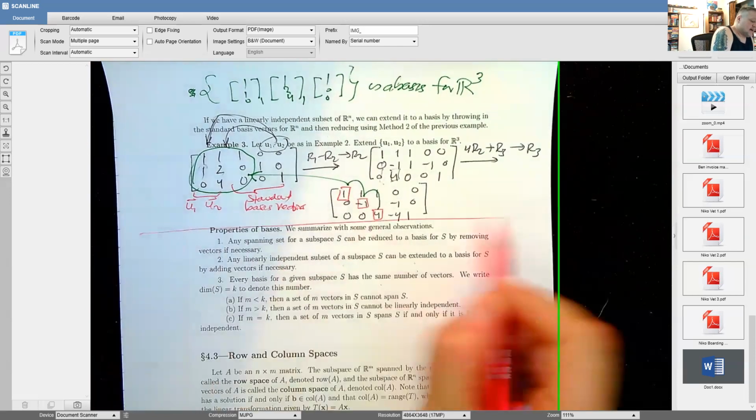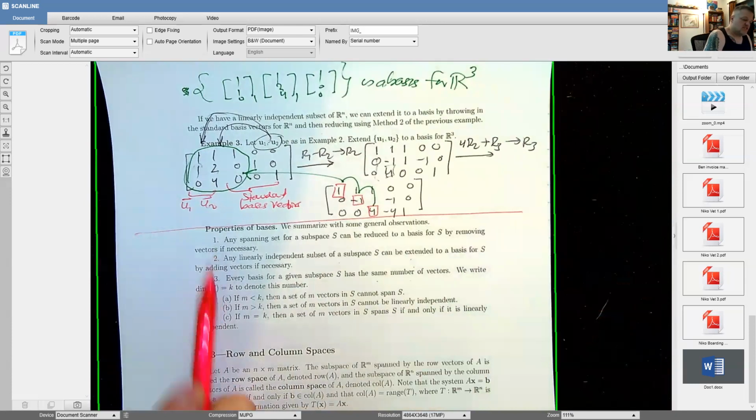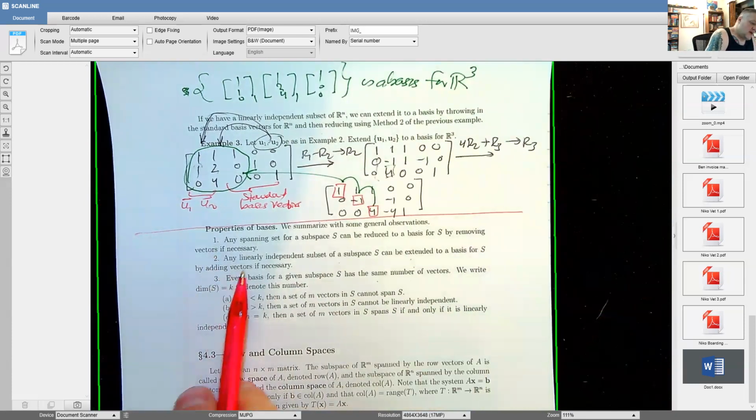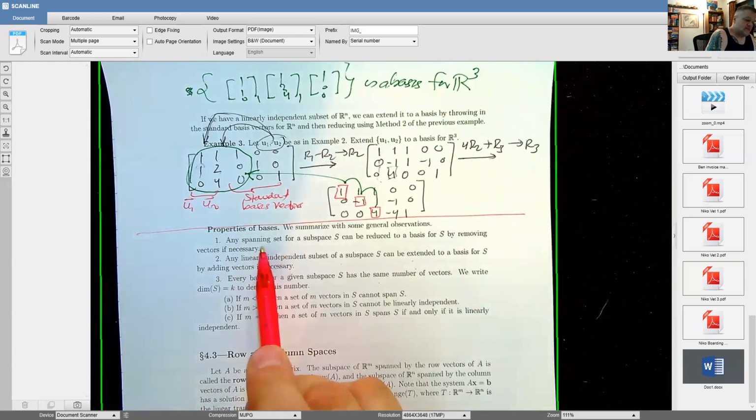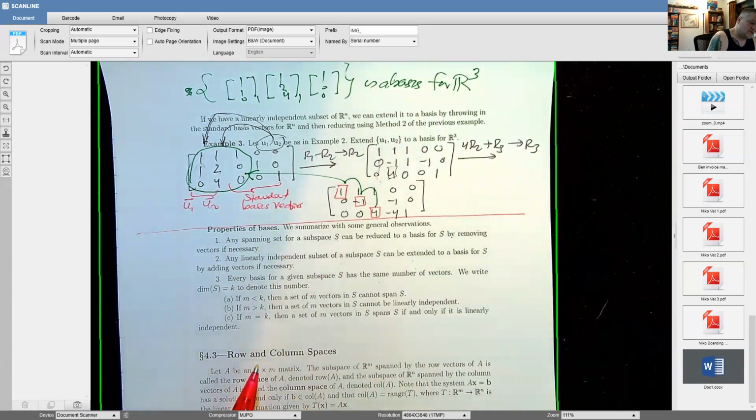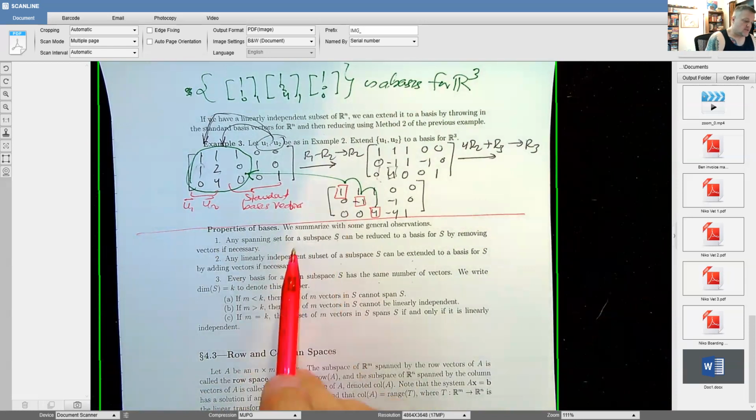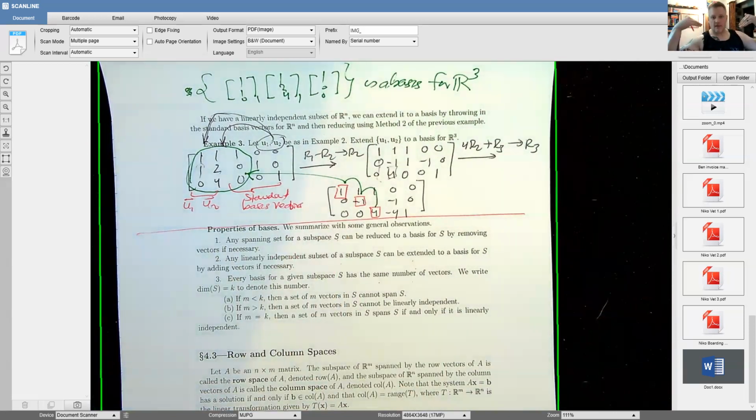All right, so let's look at a summary of some properties. Any spanning set of a subspace can be reduced by removing vectors, as we've seen with that process. You can always throw out vectors that you don't need and pare them down. You can also start with a linearly independent set and build up to a basis.